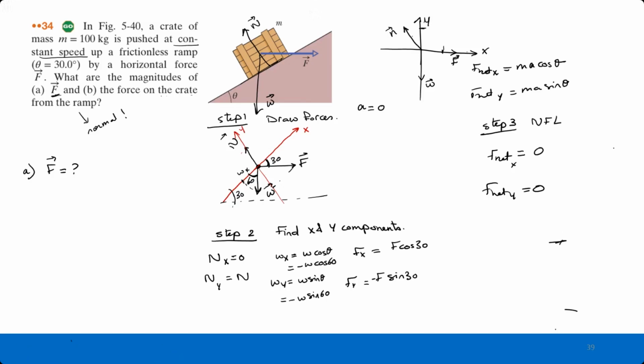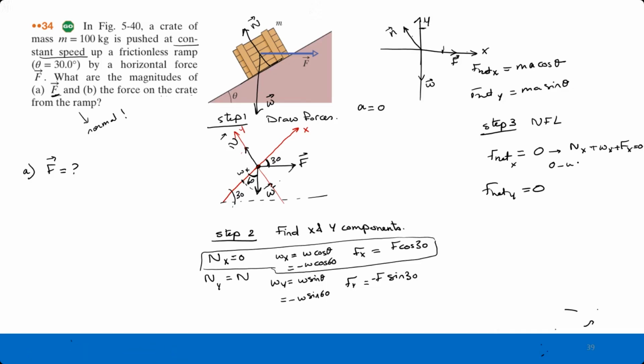Newton's first law tells me that F net is equal to 0, so F net x is 0 and F net y is 0. F net x is 0. This means that Nx plus Wx plus Fx equals 0. And I'll just plug whatever I got along the x direction. I'll substitute this.